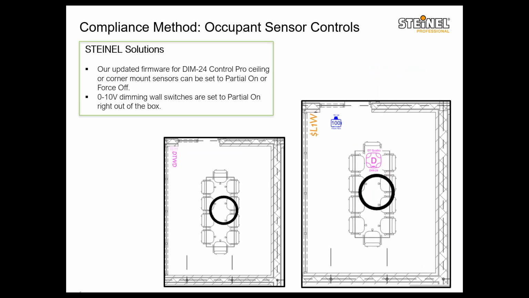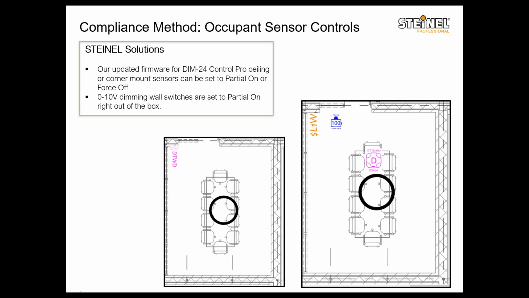Now I will show you the two methods that you can comply with this requirement, as just a very simple example with Steinel. So in this case, we are looking at a little meeting room, conference room. You have two ways to comply with the code requirements here with Steinel products.